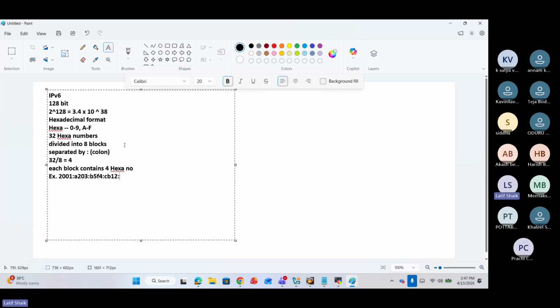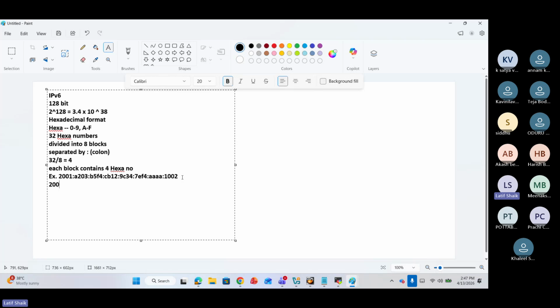And 8 blocks: 1, 2, 3, 4, we have written 4 blocks. So we have to count properly: 1, 2, 3, 4, 5, 6, 7, 8. This is how it is.